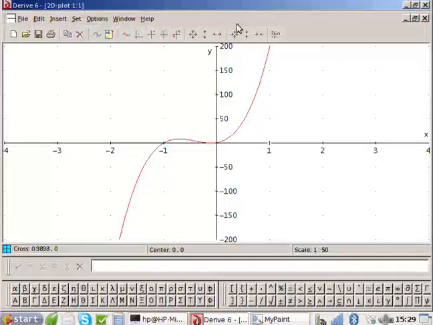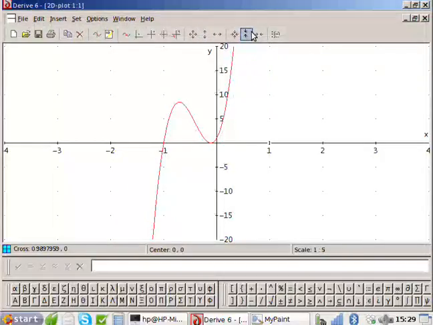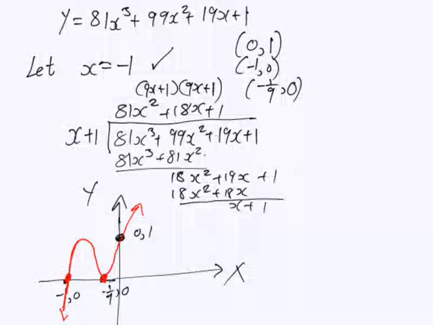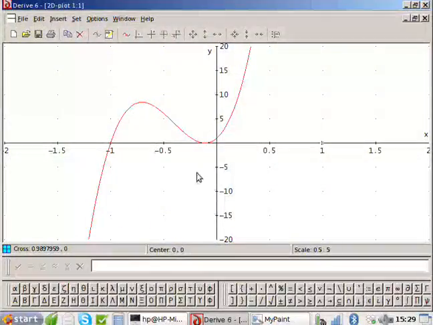So that is a factor, 81x cubed plus 99. Let's see how quick we can do this. 81x cubed plus 81x squared.